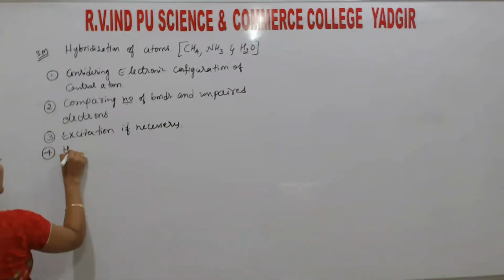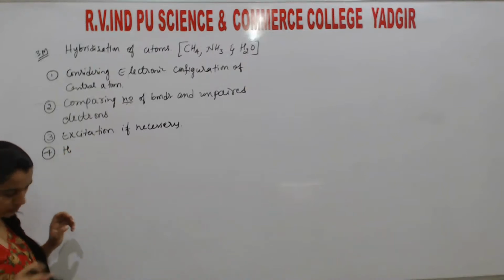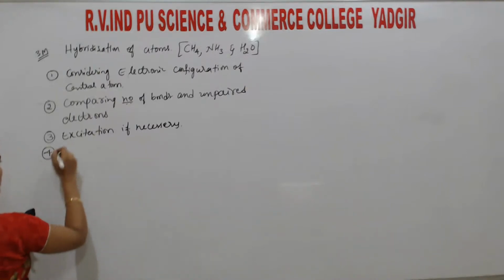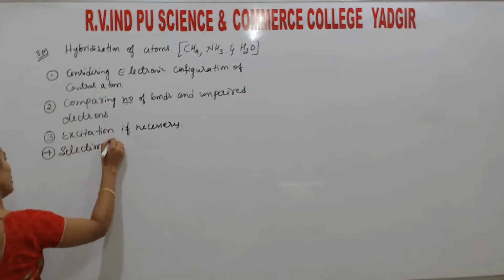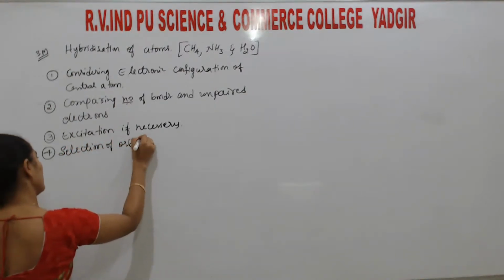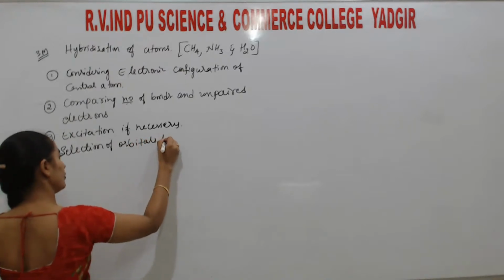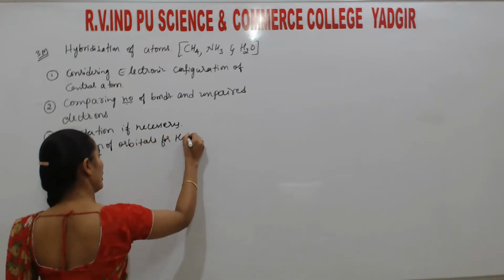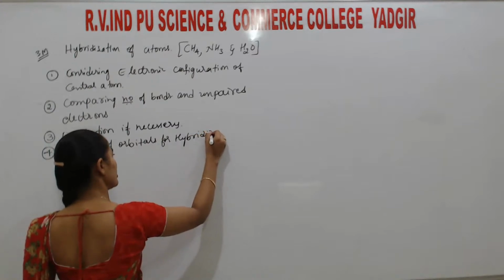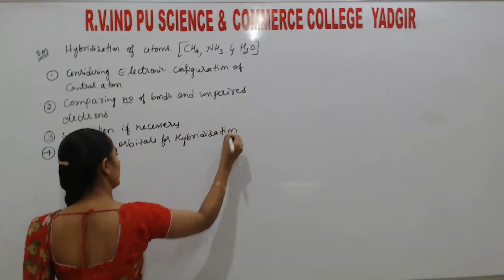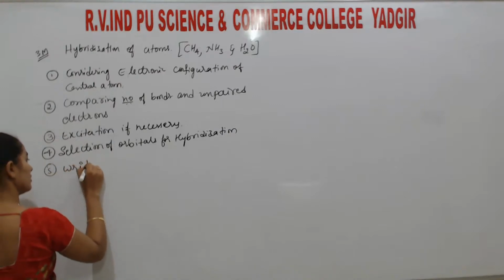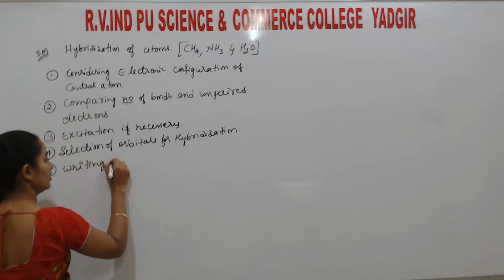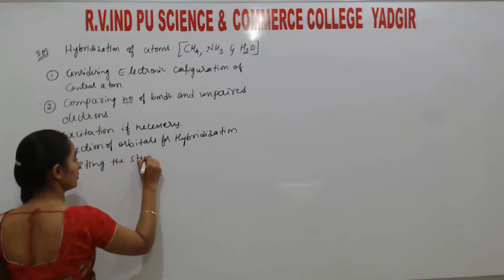Fourth one, selection of orbitals for hybridization. Okay, next, writing the structure.